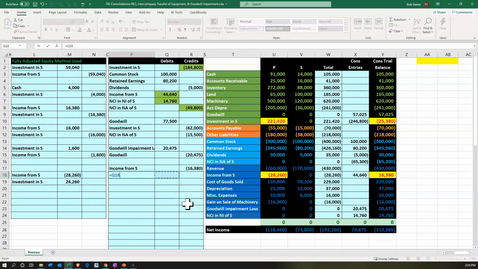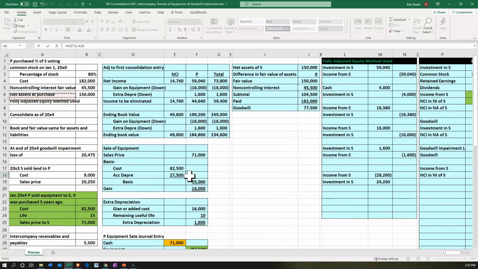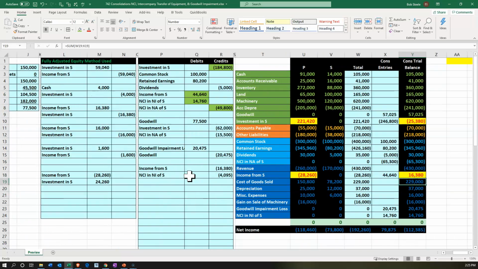You can see the non-controlling interest represents its portion of the net income with a debit balance, so it needs to go down now because of this. So that needs to be decreased by this times 1 minus that 80%, or 20%. And so there we have that.